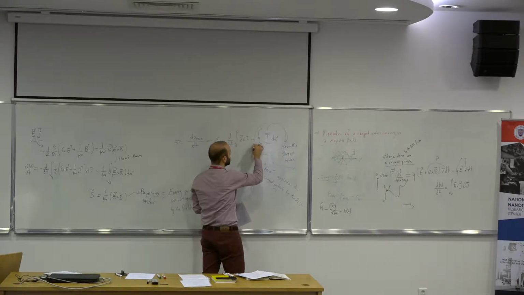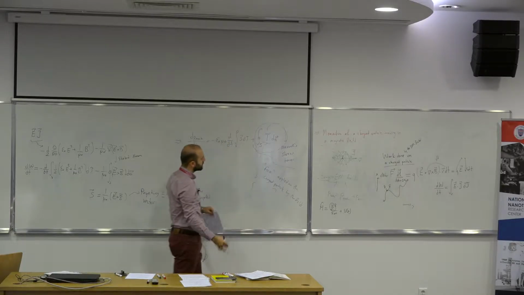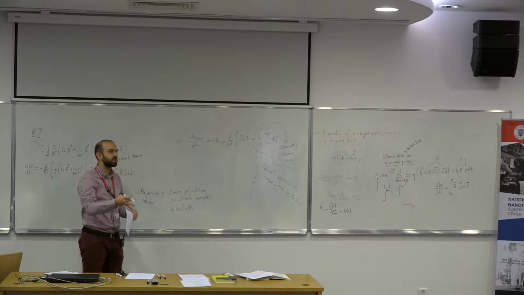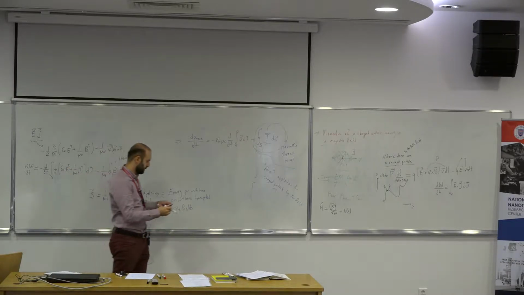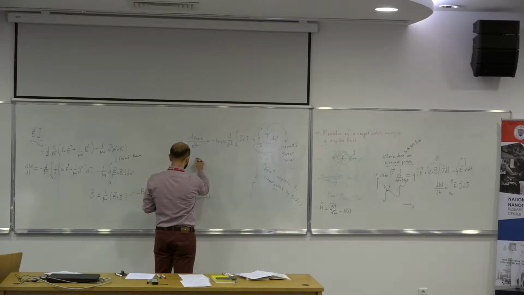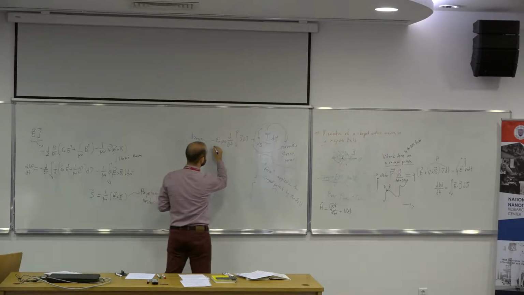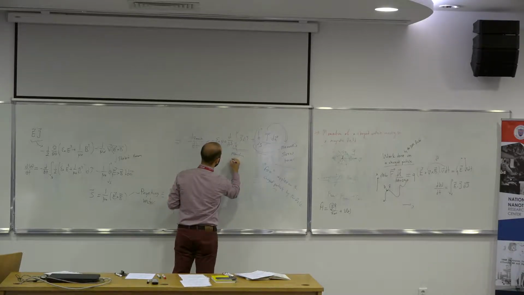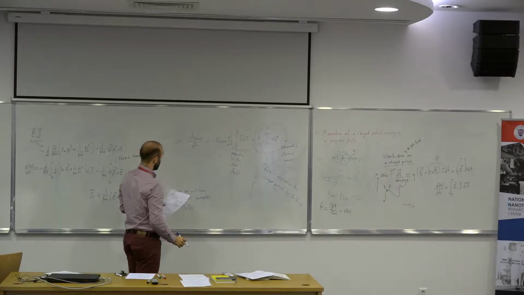So this guy, you can see it as a black box, is the force that is acting on a charged particle because of the fields. You don't have to think about the rest. So what I have here, or I should say this term, is the momentum in the electromagnetic field. Okay?